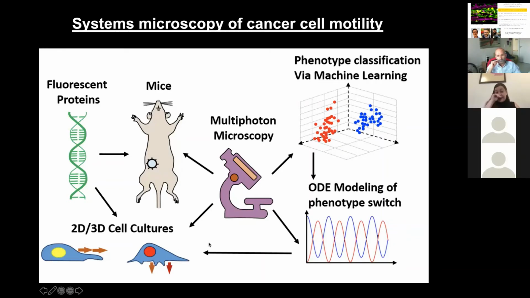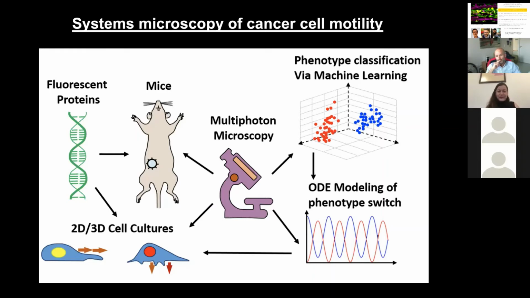And so we do multi-photon, confocal, epifluorescent microscopy, all of them in time lapses. We do lots of machine learning for phenotypic classification, and then distill this data into ODE, PDE models. Nowadays, we're also working on cellular Potts models. I got lucky and I fell in love with a computational modeler, so that can be kind of helpful.